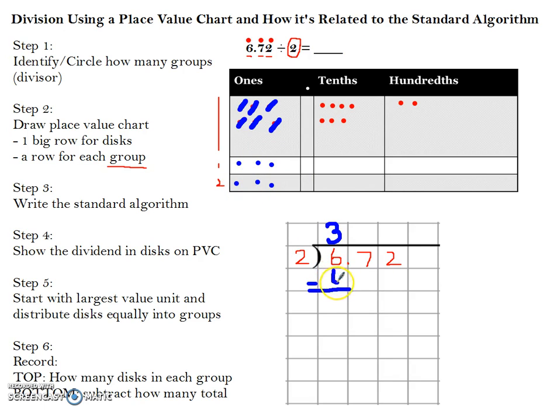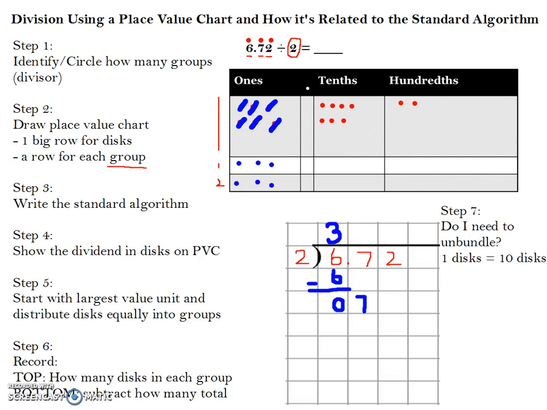So I'm going to subtract 6. Another way to think about this is you can go 3 times 2 equals 6. I do my subtraction, which is 6 minus 6, or 0. I bring down my next number, 7, which should represent how many discs I have in each group.